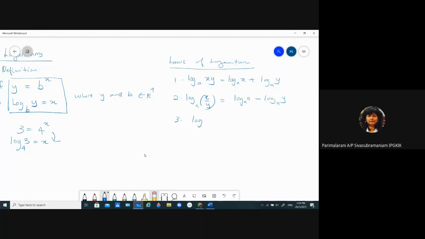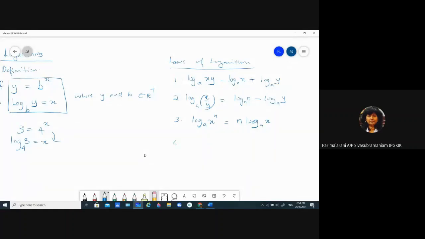Third law, log x to the power of n. This is a very useful law. You can solve a lot of problems with this law. We bring the power to the front, so this is n times log x base a.